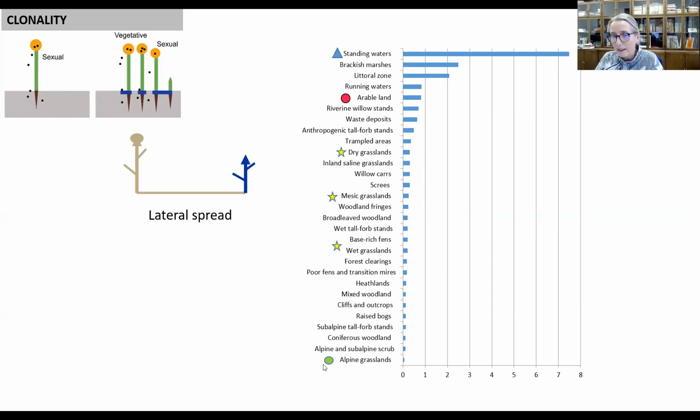And alpine grasslands, which had a very high number of clonal plants, all of them have very limited lateral spread. So now you see that it is different when you characterize your community according to the percentage of clonal plants or according to lateral spread.